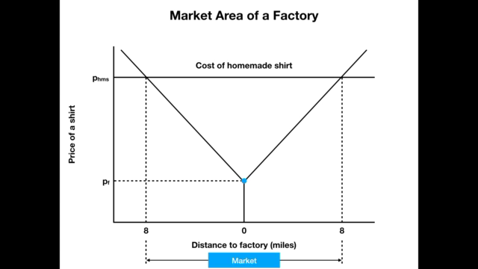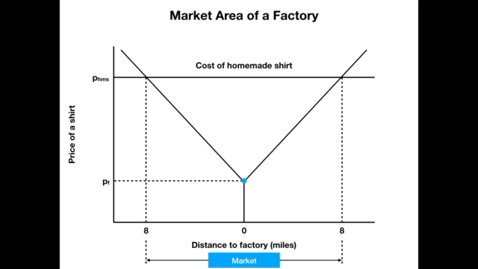And that keeps going up and up and up until we get to the point where the price of the shirt, which includes the price of the shirt, transportation costs, and opportunity costs at the factory, is equivalent to the cost of a homemade shirt. So in this particular example, you can see that for all the consumers who live within 8 miles of the factory, for our purposes here, it's just a two-dimensional graph, so we're talking to the left and to the right.